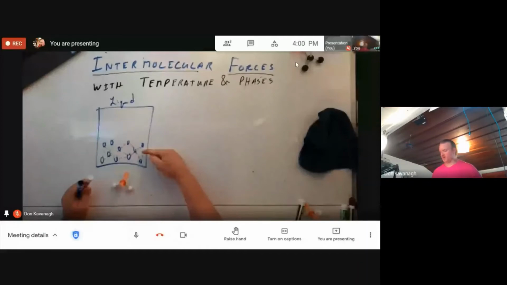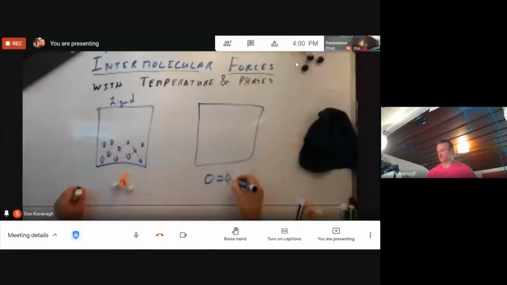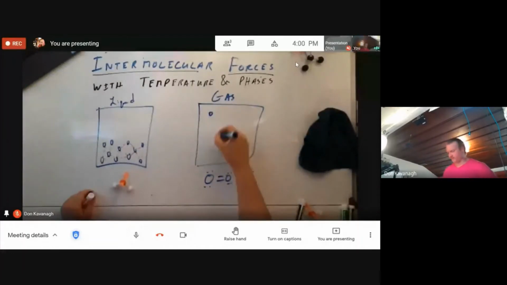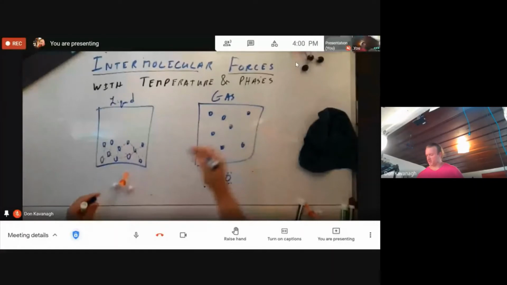Let's compare it to oxygen, O2. Now, for the most part, you find oxygen in gas phase. And again, these pink lines are meant to represent the intermolecular forces that can occur between the molecules, a webbing connecting molecules to one another right here.